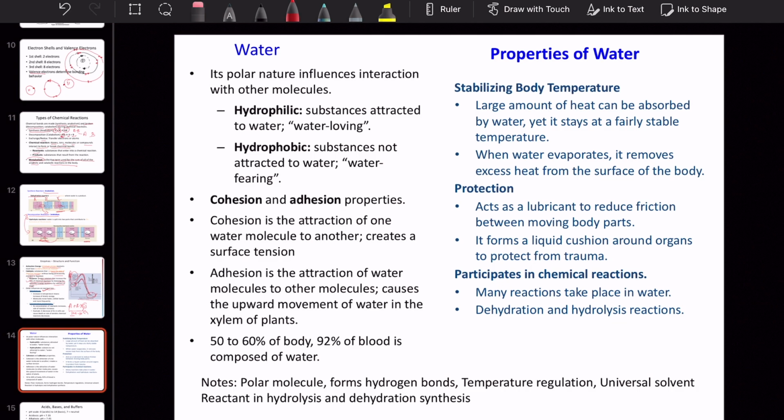Next thing we're looking at is water. Why is water important? We have to know the properties of water. They have certain properties. They are a universal solvent. Most of our body is made with water. So there are some characteristics for this water, some properties along with that.